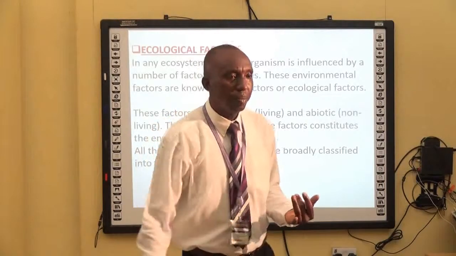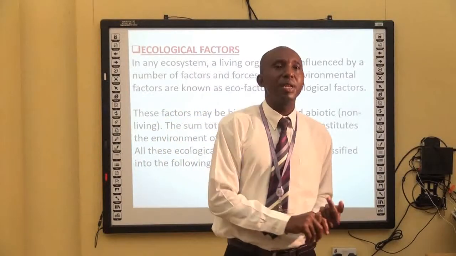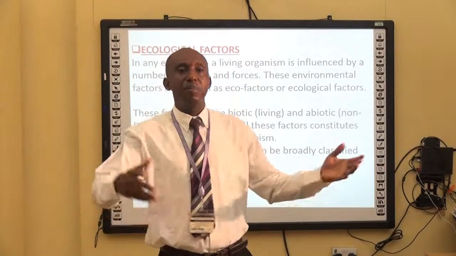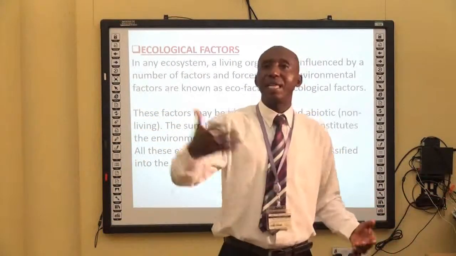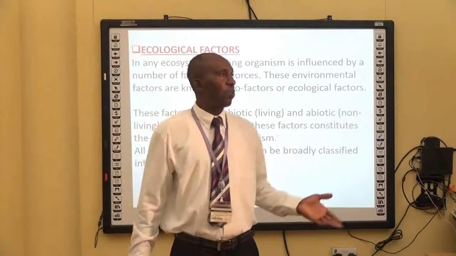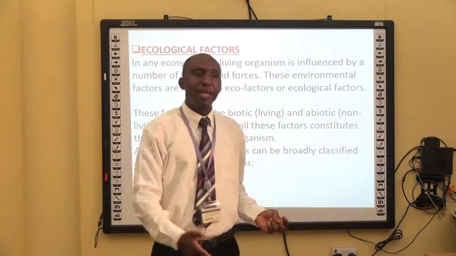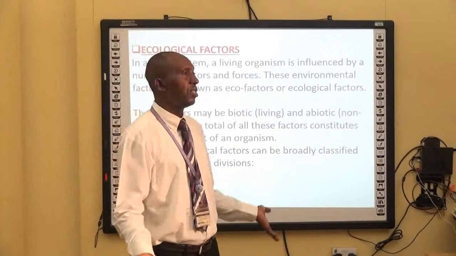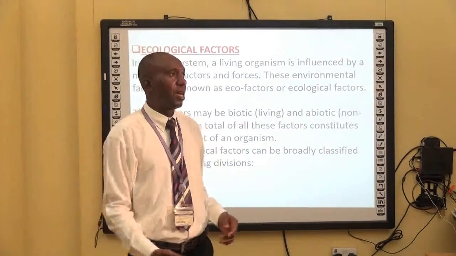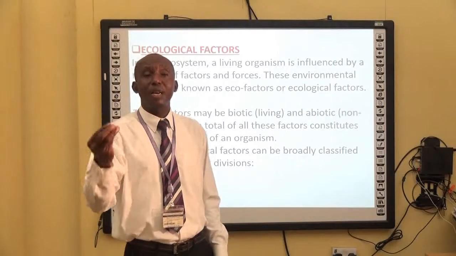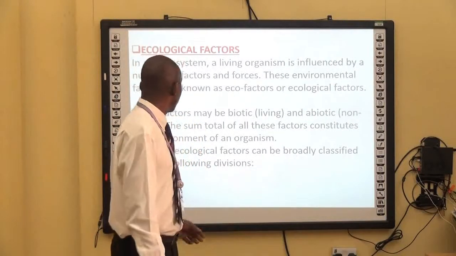An organism has both living and non-living things around it. The basic non-living things we have around us here are the air we are breathing and the light we are able to see. Then the living things here are fellow human beings, like we have members in this class, and also the ones we might not be able to see with our naked eye, like the bacteria and viruses around us.